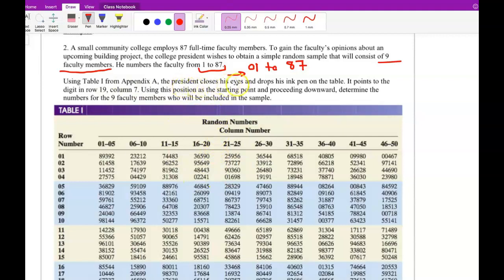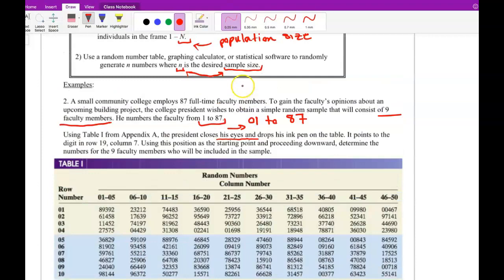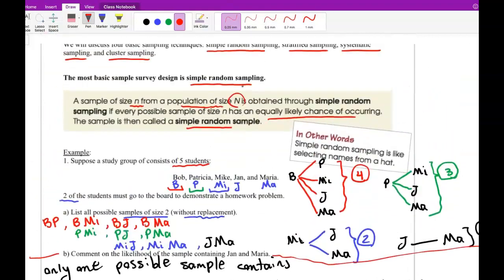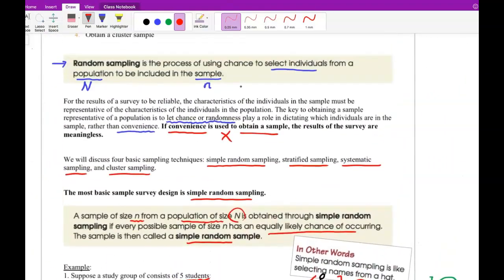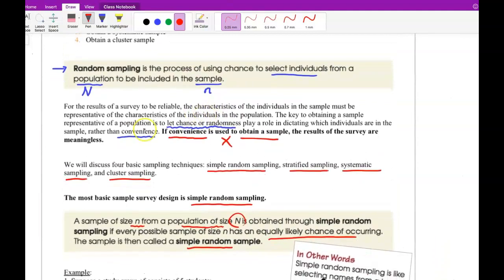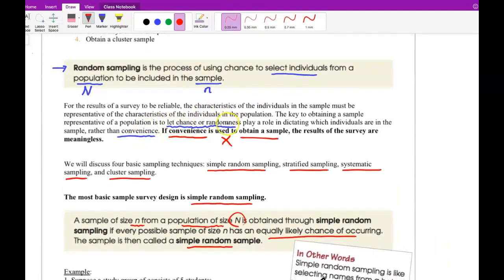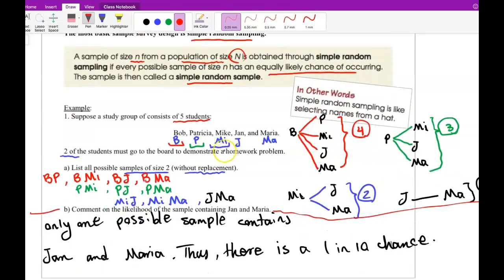Using the table from our textbook, the president closes his eyes and drops his ink pen on the table. That means we're following the steps that we had on the first page. To let chance or randomness decide, you should have that rule.